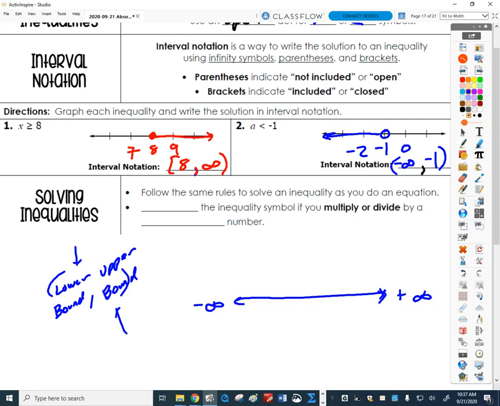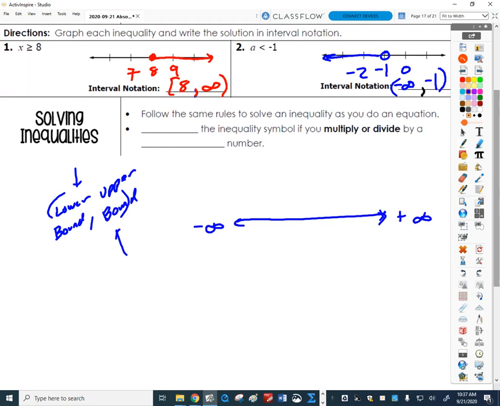Okay, so what about down here? So solving inequalities. We're going to follow the same rules when we're solving inequalities, the very same rules that we follow when we solve a regular equation with a couple of exceptions, right? And we're only going to really talk about maybe one exception for now. Follow the same rules to solve an inequality you do with an equation, except what do we have to do to the inequality symbols when we multiply or divide by a negative number?